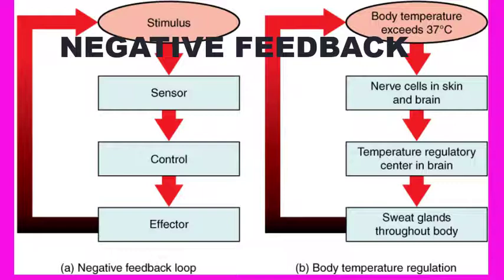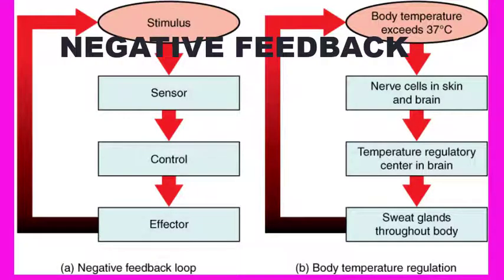So what is a sensor? A sensor is also referred to as a receptor. It is a component of a feedback system that monitors a physiological value, and this value is reported to the control center, which is the brain, and that is number two, the control center. The control center is the component that compares the value to a normal range.